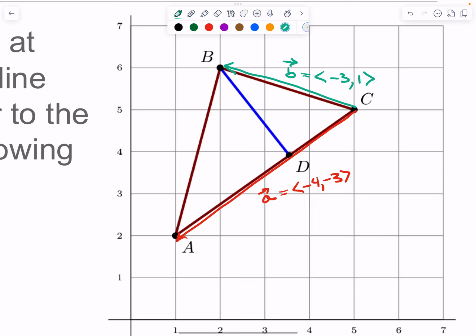Now what I'm going to do is compute the projection of B onto A. Remember, there's a lot of A's in this formula. There's hardly any B's.